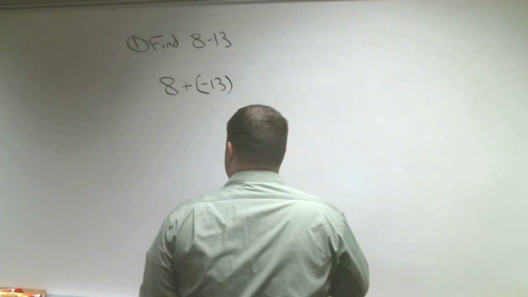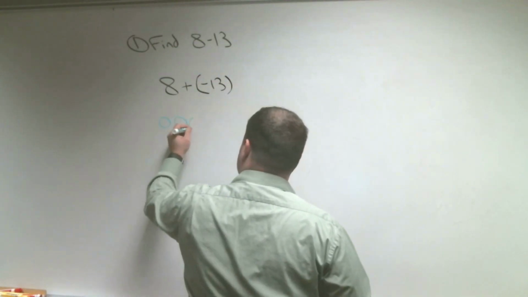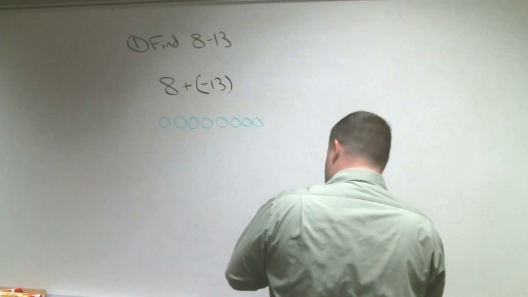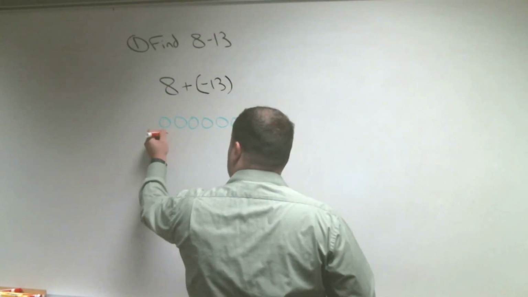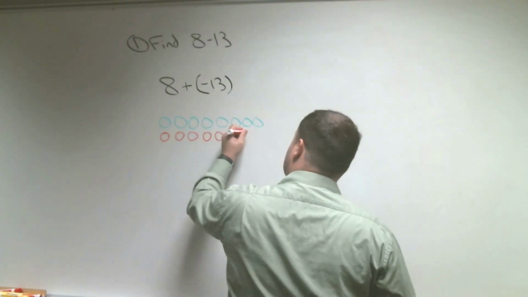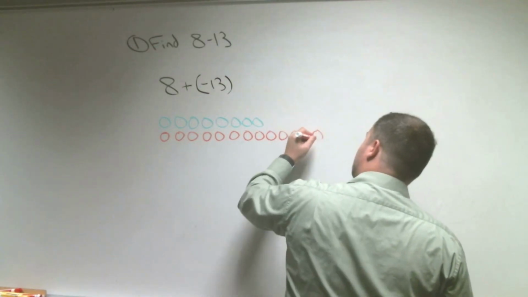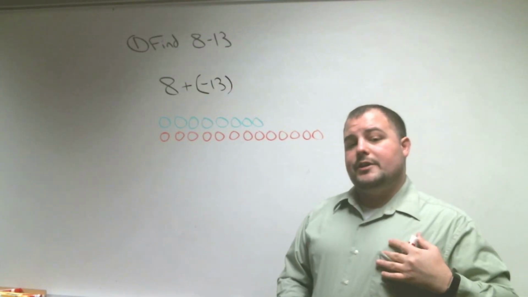So I'm going to show you what that looks like using counters. We have 1, 2, 3, 4, 5, 6, 7, 8 positives. And we have 1, 2, 3, 4, 5, 6, 7, 8, 9, 10, 11, 12, 13 negatives. So I'm using green for positive and red for negative.